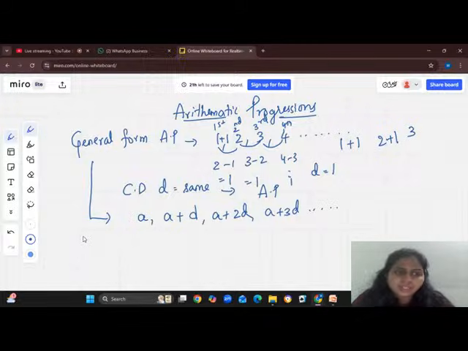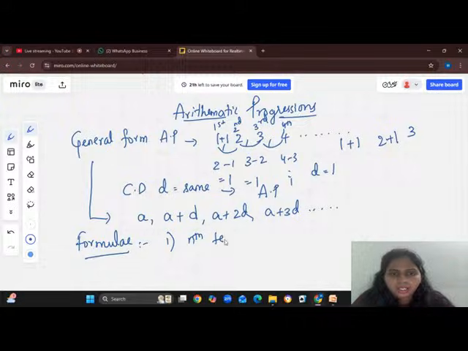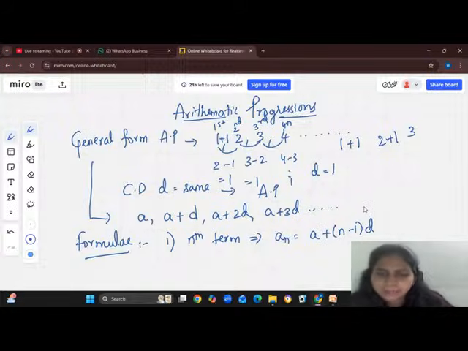Another important set of formulas I want to tell you quickly. The first one is the nth term of AP: an is equal to a plus n minus 1 into d.